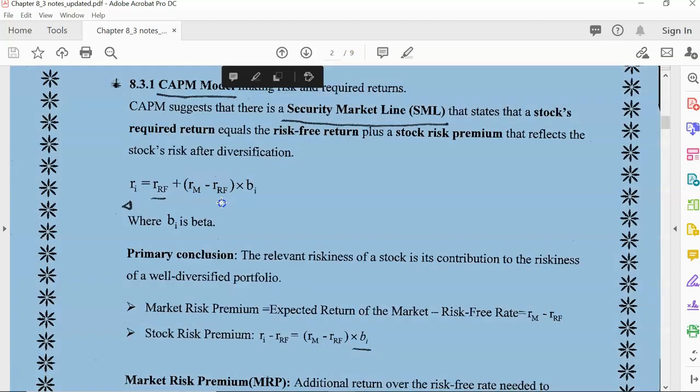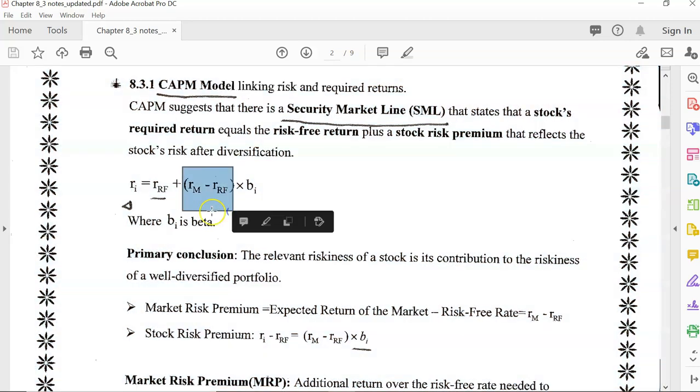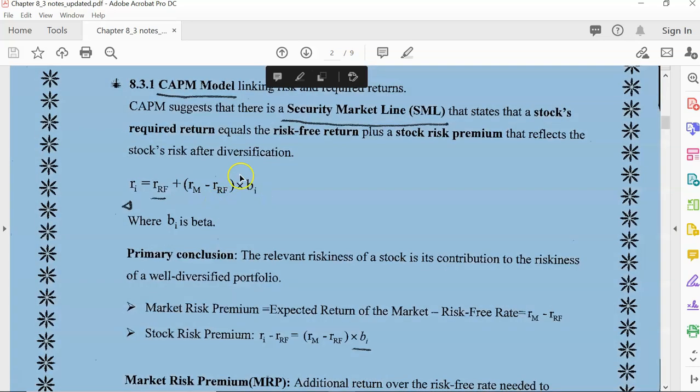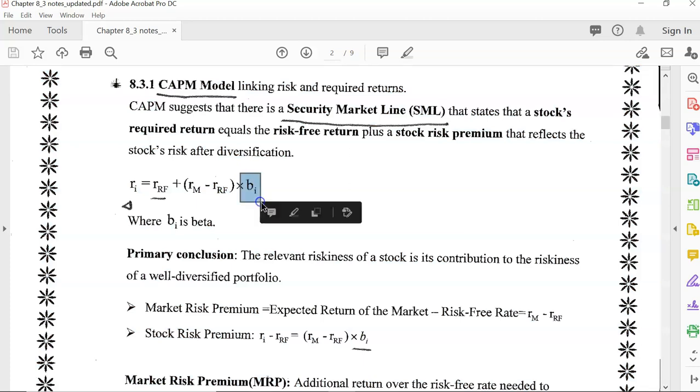So for the market portfolio, we use the market portfolio return minus the risk-free rate as the market risk premium. And beta is the percentage of how much the stock risk contributes to the market risk. So if we multiply market risk premium by beta, we have the stock risk premium.